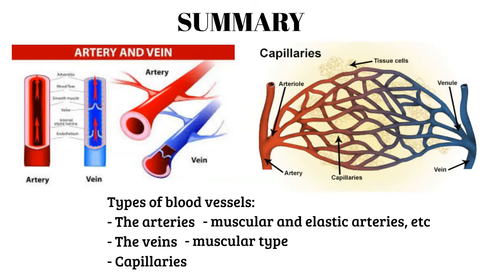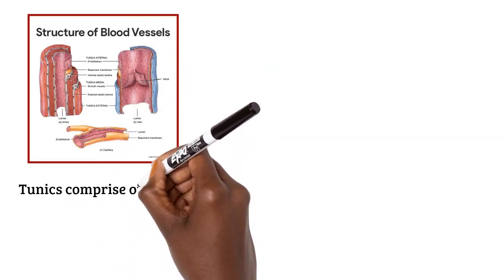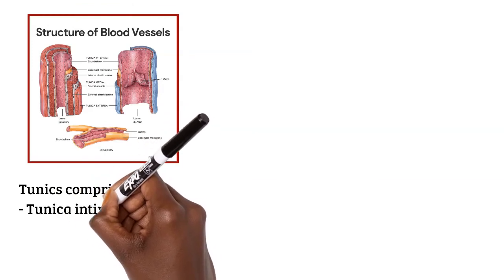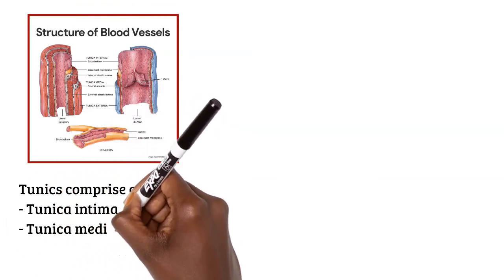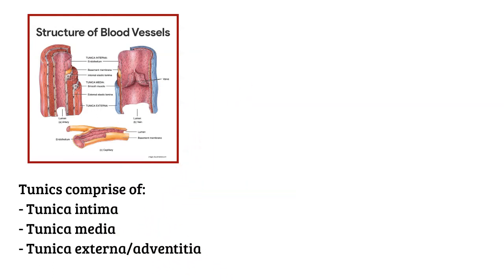Alright. So we said the tunics or the layers of the blood vessels, there are three. We have the intima, we have the media, and we have the adventitia. And depending on the type of vessel we have, you can tell which layer will be thick, which layer will be thin.